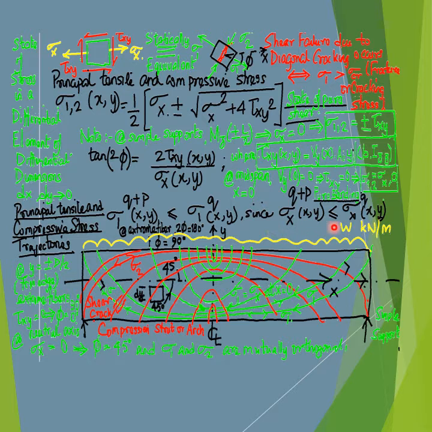And substituting the inequality, that is sigma subscript x superscript q plus p less than sigma subscript x superscript q at any general location of coordinates x and y, into the classical equation for the principal tensile and compressive stresses.